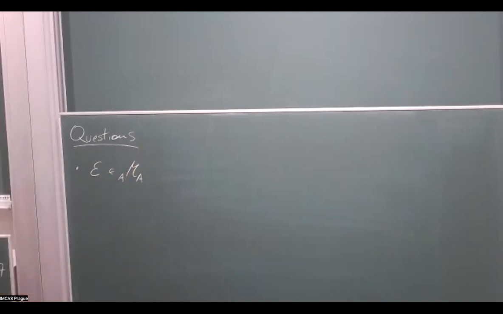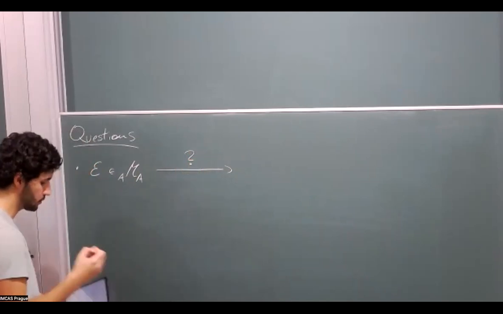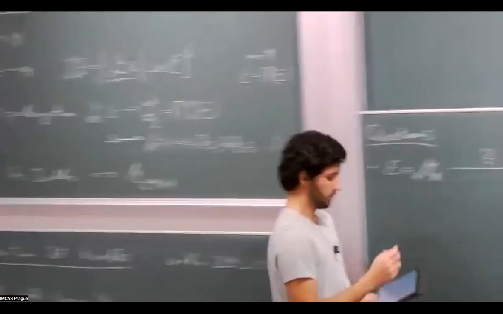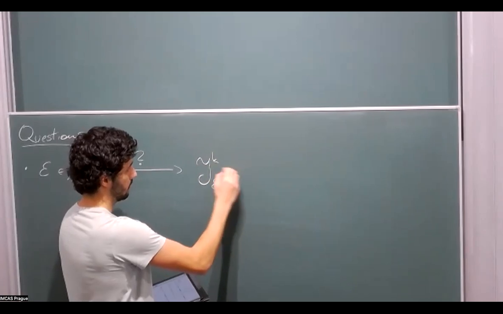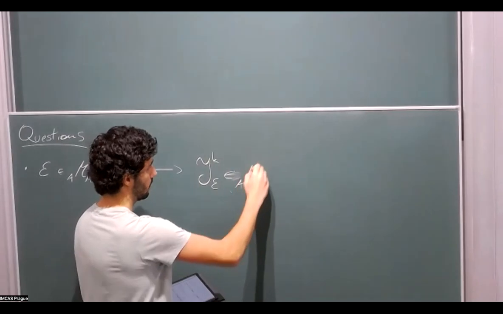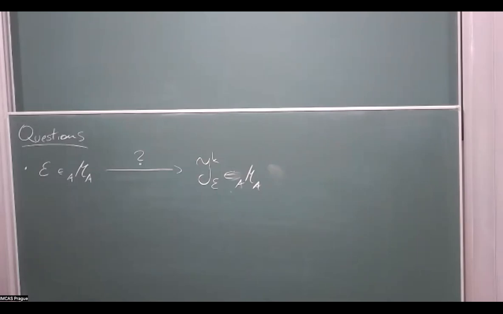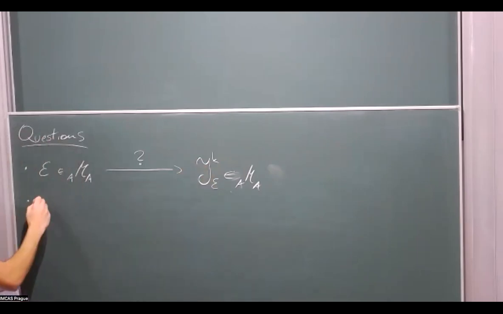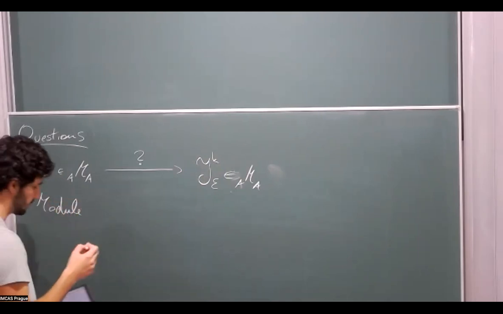If we have a bimodule over A, how can we build from this a bimodule that would correspond to the sections of the jet bundle over A? The question is also, what is the exact module structure that we have here? And we'll see what inspired us to build our specific module structure.